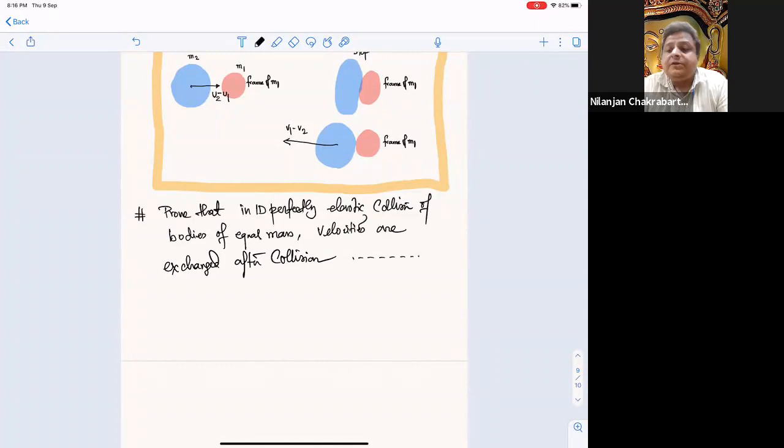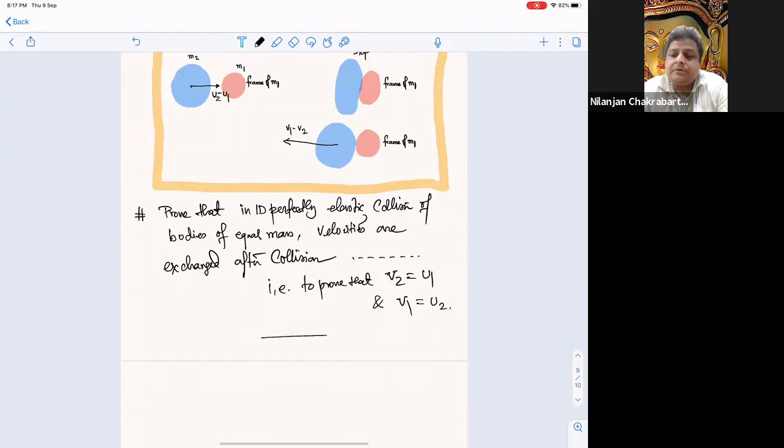Try to prove this. That is to prove that V2 equal to U1 and V1 equal to U2. That is the meaning of exchange. Okay, try to prove it. Take some 5 minutes time.